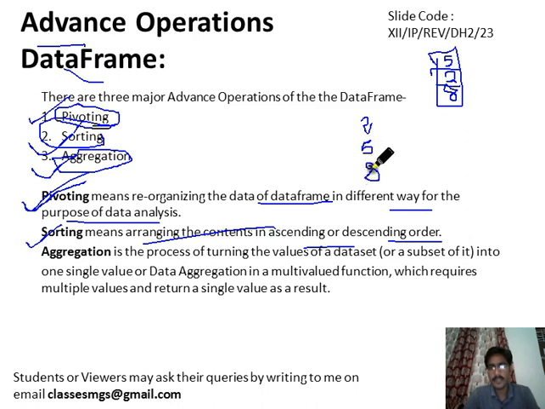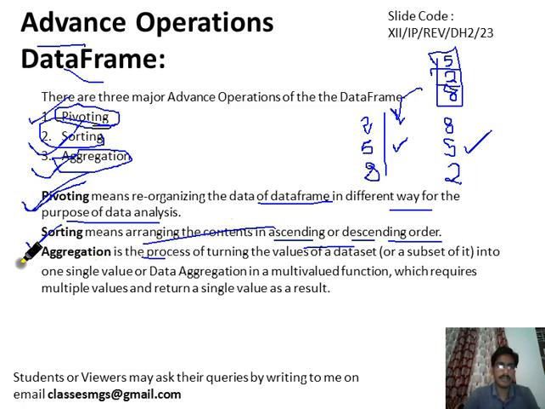This is the ascending order, and if you want to arrange the same data in descending order, then we will write 8 first, the topmost value, then 5, and then 2. So this is the descending order, this is the ascending order. So arranging the data into ascending or descending order is known as sorting.